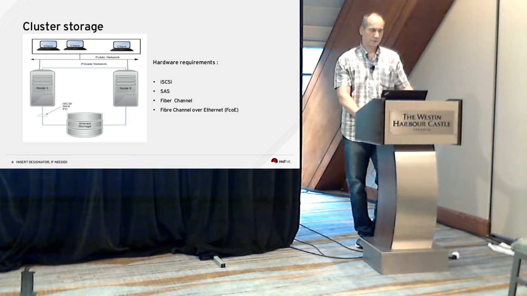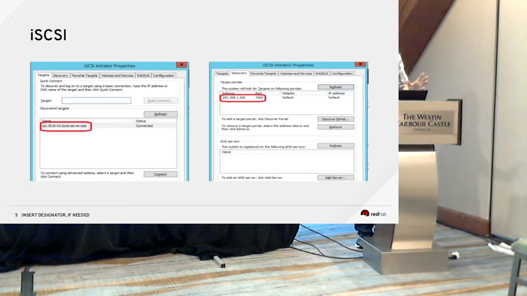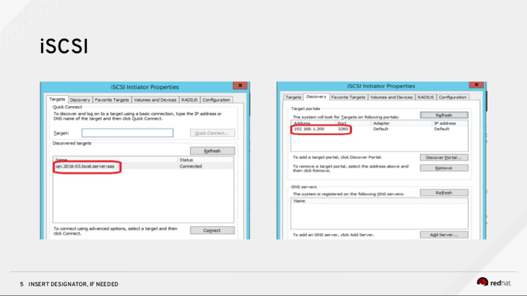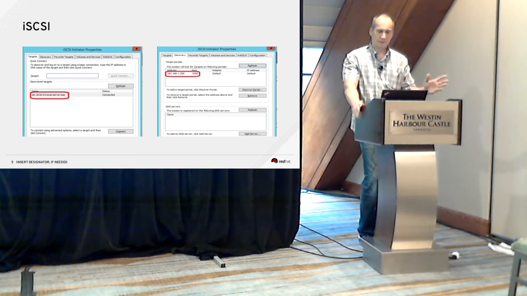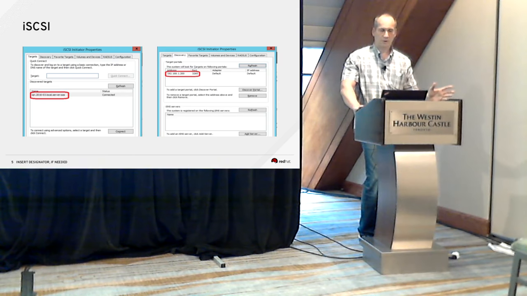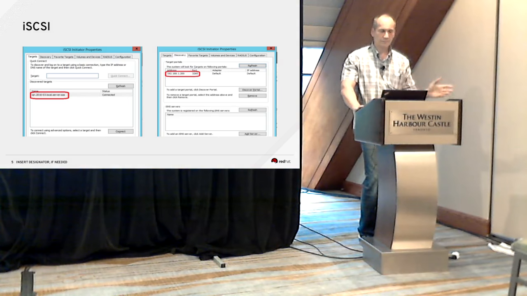And here is about iSCSI. Setting up an iSCSI connection in Windows Server is pretty simple. We basically need to activate the iSCSI initiator. There are three pages. We just need to fill them in, and then we just need to configure our iSCSI target.